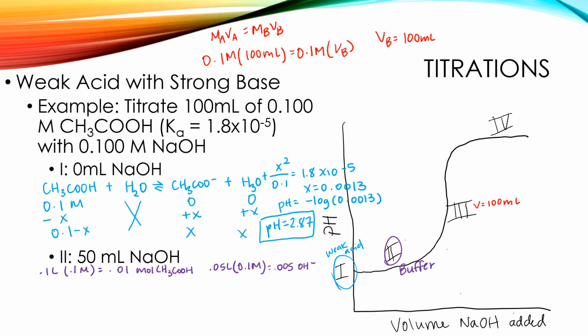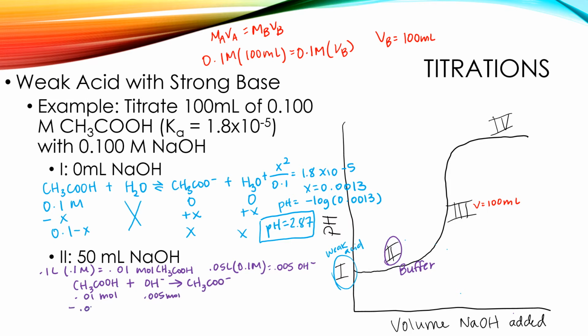So I'm going to set up my reaction. This is my neutralization reaction. Remember, I said that these are like indirect buffer problems because what I'm doing is neutralizing part of my weak acid to turn it into its conjugate base. So 0.01 moles and 0.005 moles.